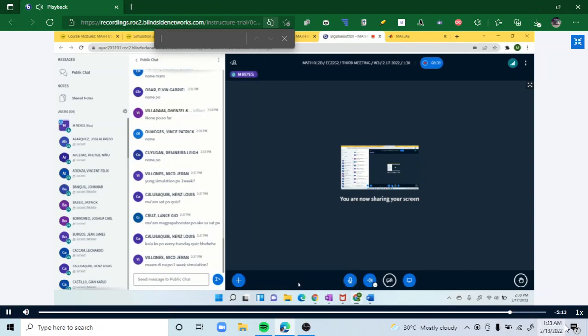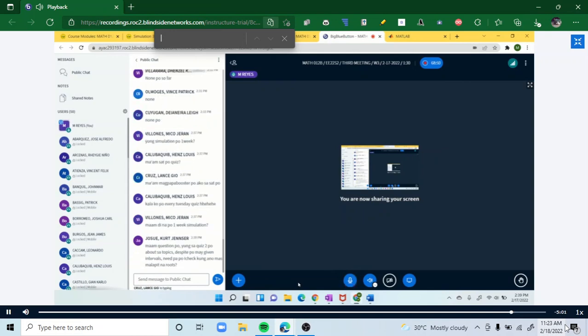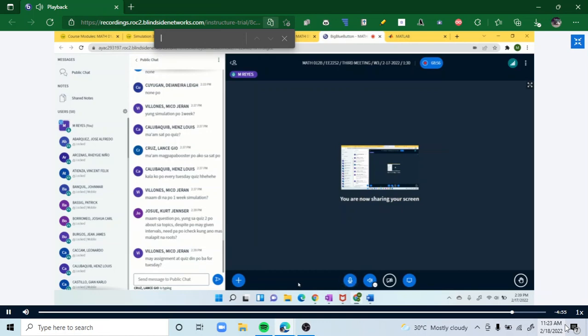Medyo tight ang schedule natin eh. Akala mo every Tuesday quiz. Hindi, sabi ko sa inyo, pwedeng magpalit yung schedule ng conference natin. Na pag hindi tayo nag-lecture ng Tuesday, hindi tayo makakatapos ng lessons.